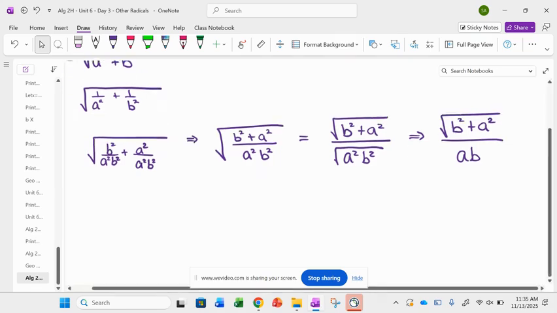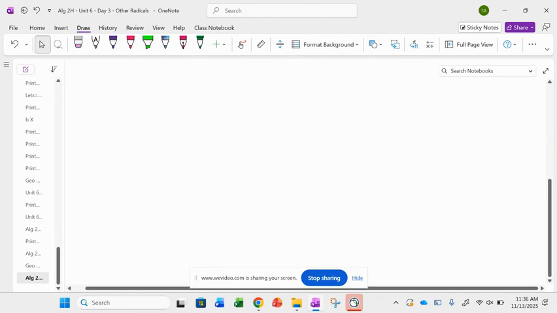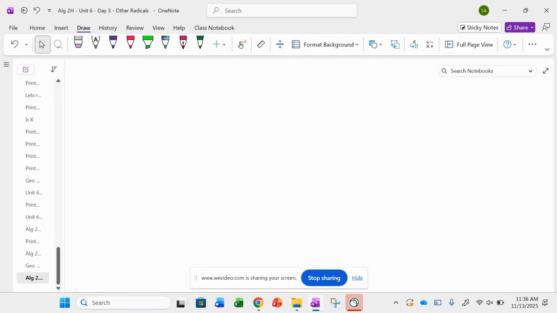Okay, before we get into other radicals, meaning other radicals with a different index other than 2, I want to show you how we factor with radicals.